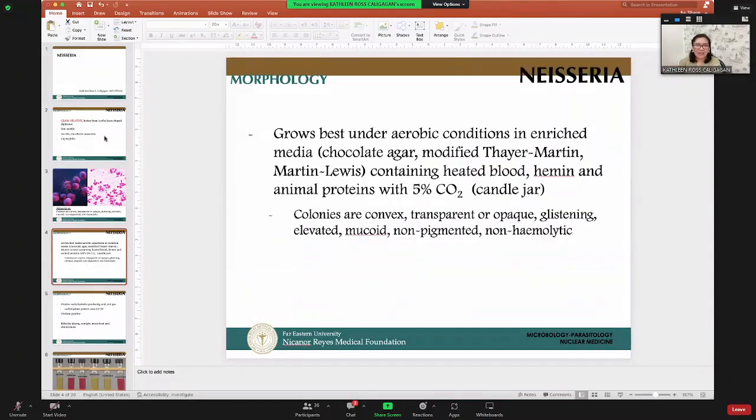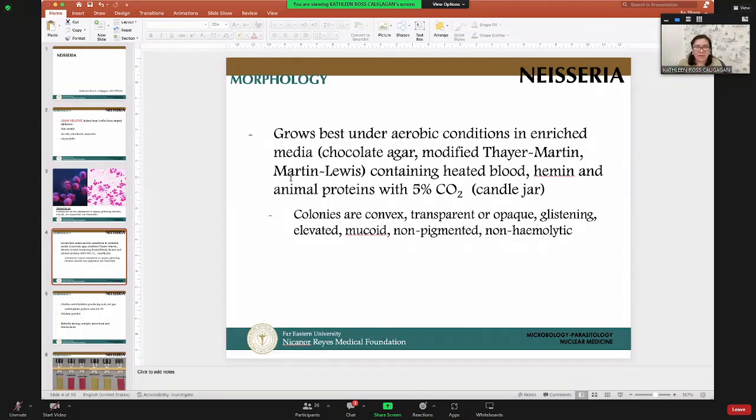The colonies grow best under aerobic condition in enriched media such as chocolate agar or modified Thayer-Martin medium, which is actually a chocolate agar mixed with some antibiotics.